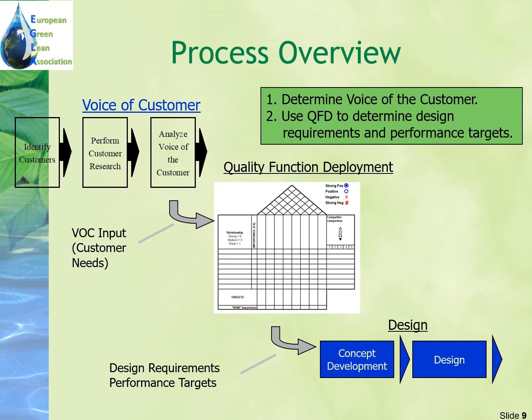As a process, it starts, like said, from the voice of the customer. We have a separate training for that, so if you have not done it yet, please familiarize yourself with the voice of the customer first.